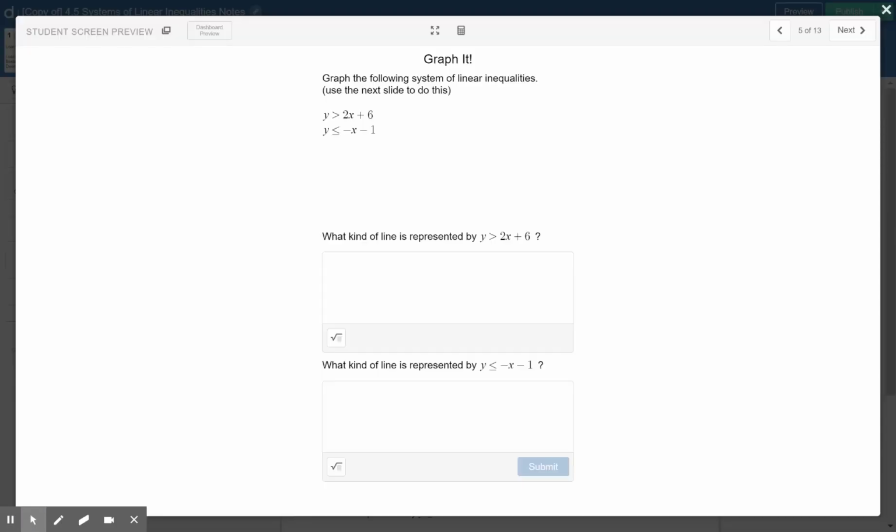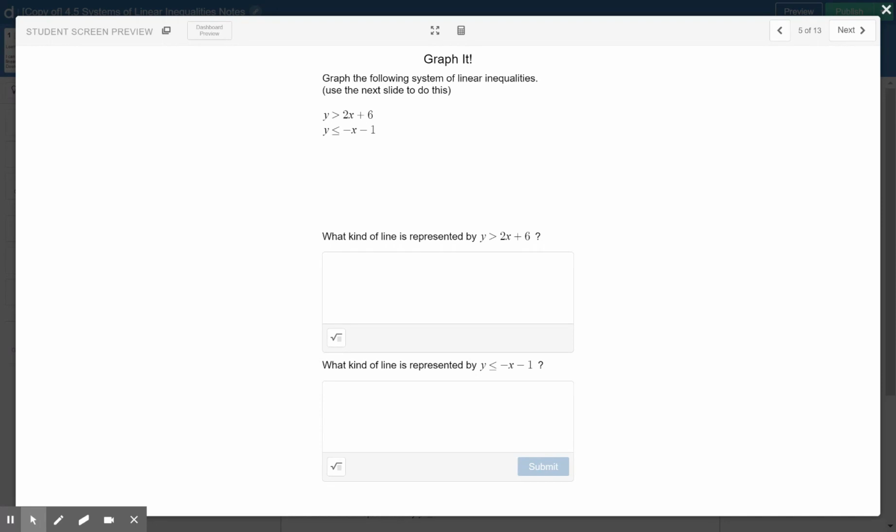So in this slide, we are actually going to use Desmos to graph the inequalities. So notice that it looks like slope-intercept form, but instead of an equal sign, we have the inequality symbol. So the inequality symbol is just going to shade for us. We have the greater than symbol in the first equation, so we're going to shade above the line.